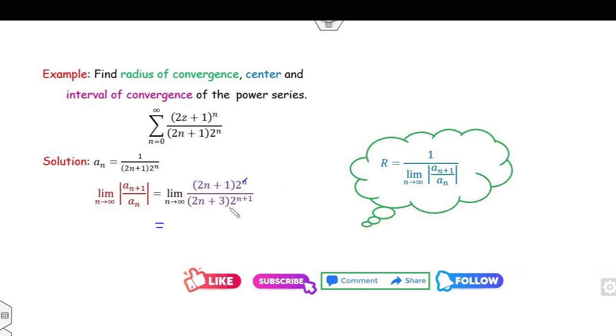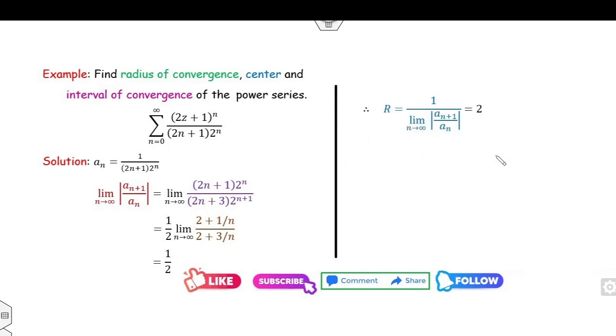So clearly 2 raised to power n will be cancelled, half is outside, limit n approaches infinity, (2n plus 1), I can divide it by 2 raised to power n on both sides, 1 plus 3 over 2n. As n approaches infinity, this value will be 0. So that will be 1. So the answer is half. Once you take this limit as half, you can substitute here. Your answer will be 2.